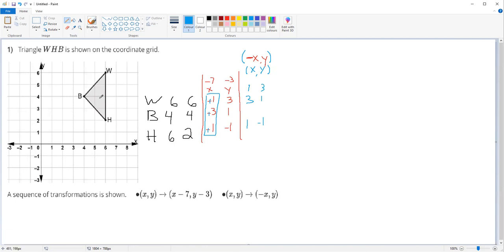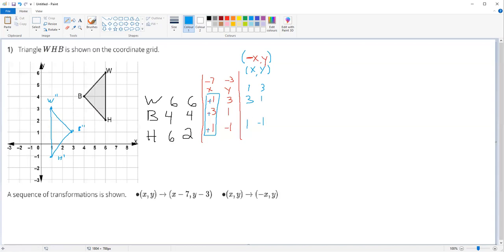So I'm going to plot those points. 1 and 3 is W double prime. B is going to be 3 and 1, that is B double prime. And then H is 1 and negative 1, and that is H double prime. Run them all together. And what do we have?